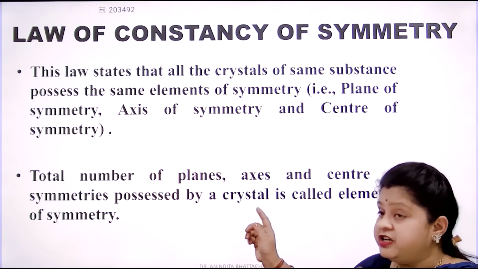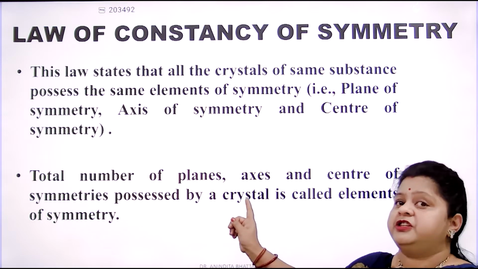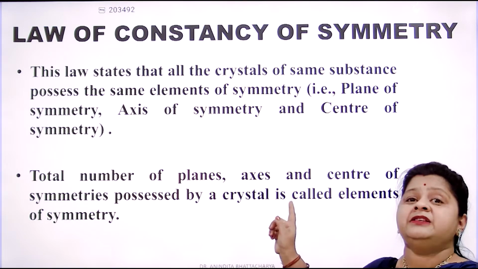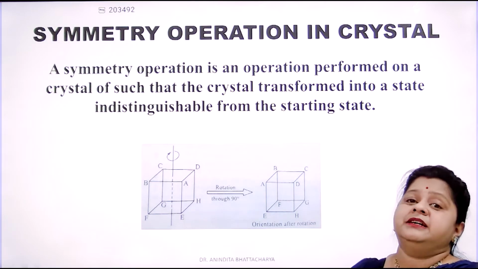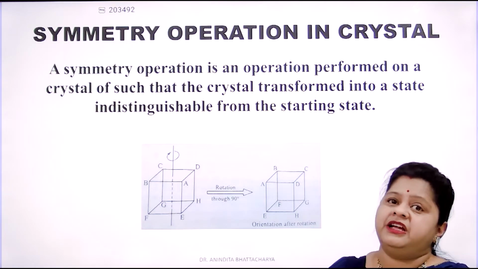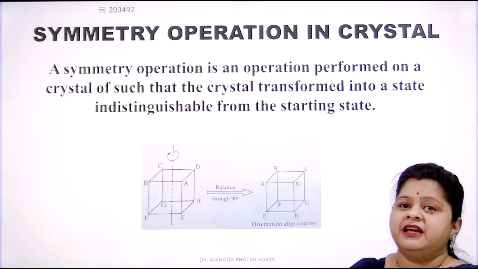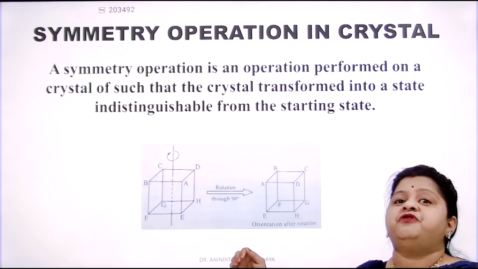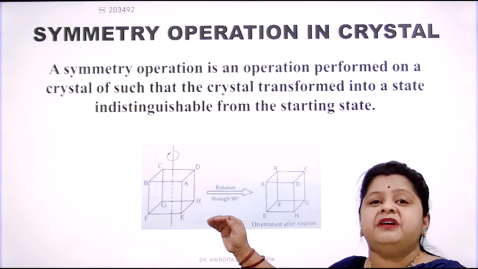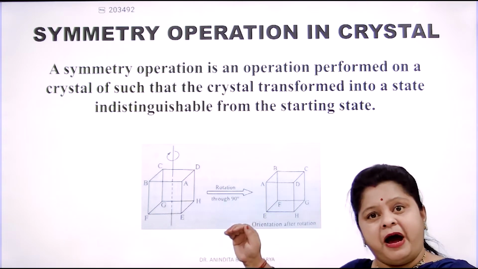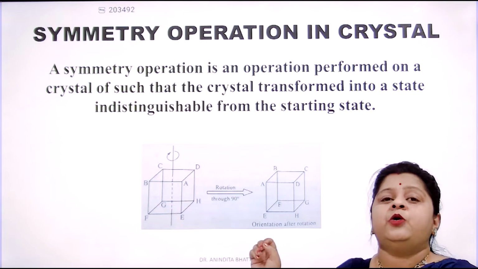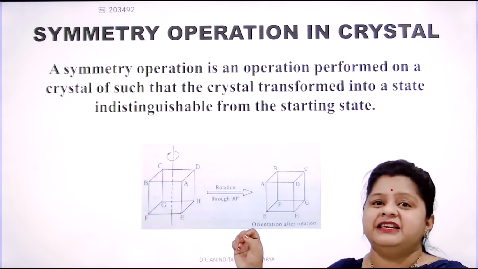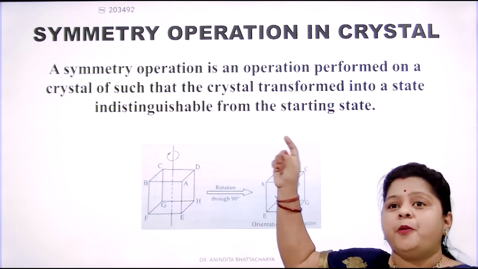We should always remember that the total number of planes of symmetry, axes of symmetry, and centers of symmetry are the symmetry elements. The operations we do on these symmetry elements, by rotating the crystal and getting the original crystal back, are known as symmetry operations.